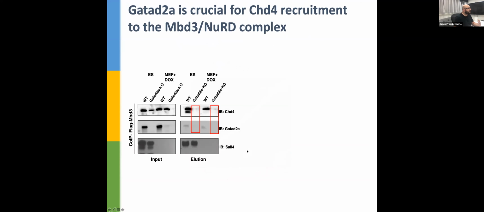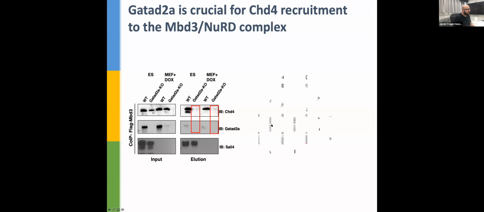So we went on to look a little bit at what's happening. We showed that Gatad2a is crucial for recruiting the entire helicase complex of the NuRD, CHD4. So for example, you can IP flag Mbd3 and induce the Yamanaka factors. And you can see here, in the knockout versus the wild type, CHD4 is no longer being IP'd when Gatad2a is missing.